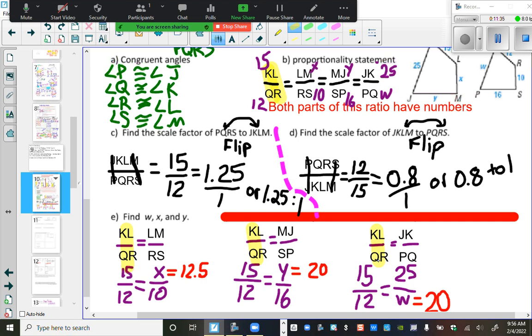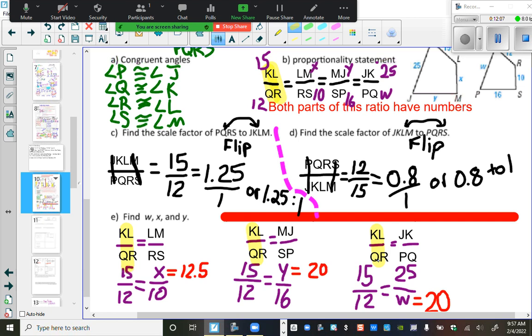Sometimes there might be an x plus something or an x minus something. But especially with these types of problems, with the similarities, you need at least one of the ratios to have both numbers. Because if you're missing more than one value, there's a possibility we're not going to be able to find everything. So that was a highlight from last period.